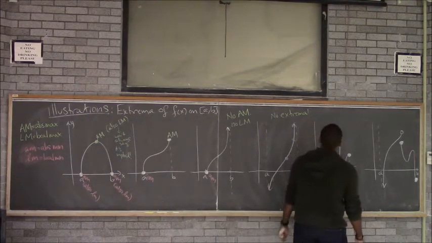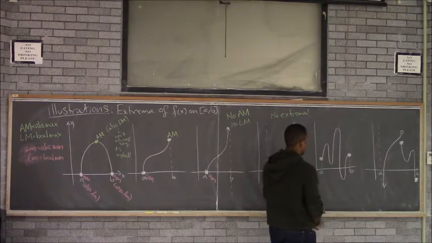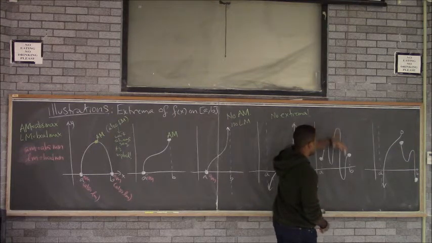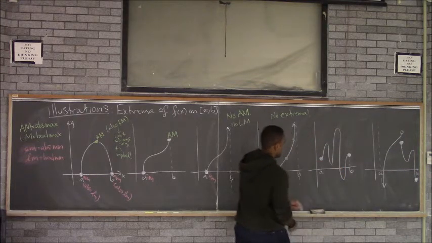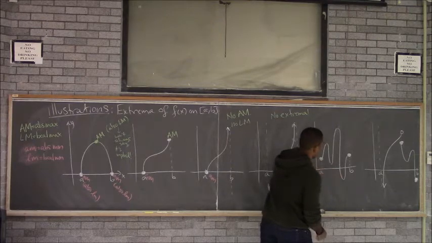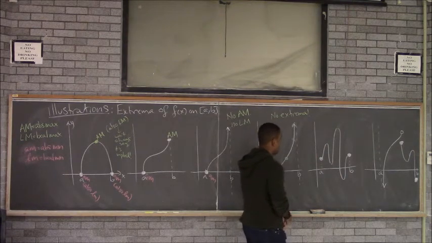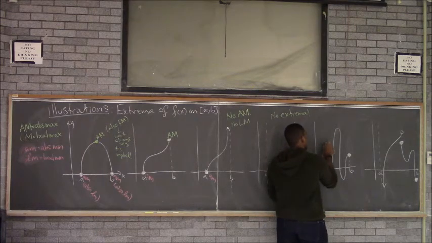This one has a bunch, so intuitively you kind of know that you want to focus on the top of the hills and the depths of the valleys. So you kind of intuitively feel that these are going to be some sort of maximum.